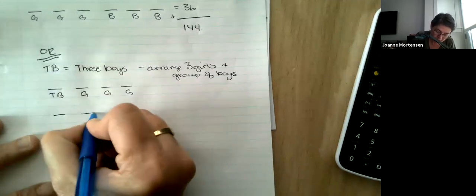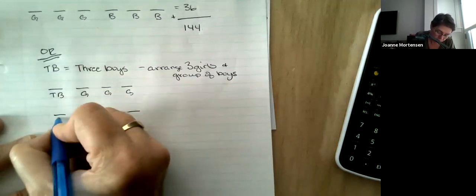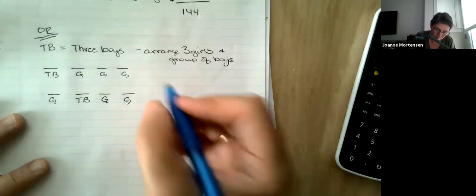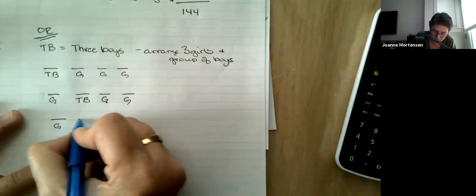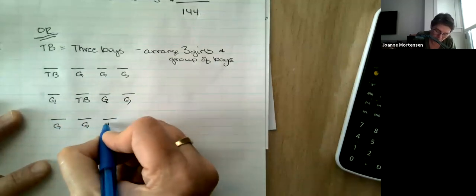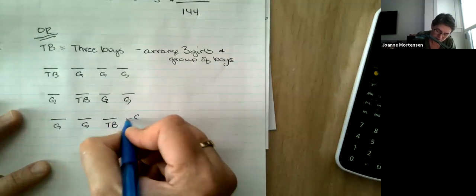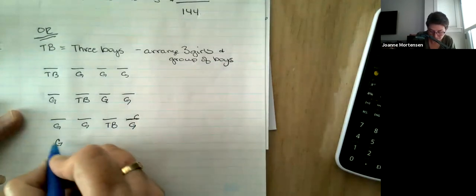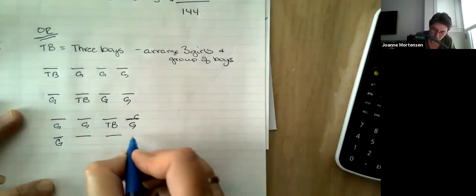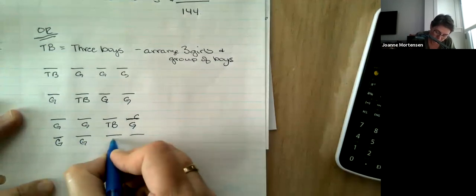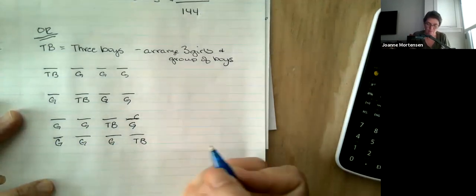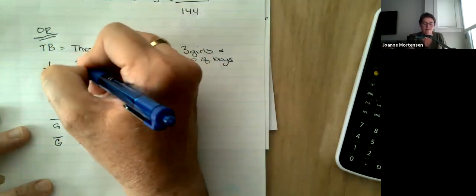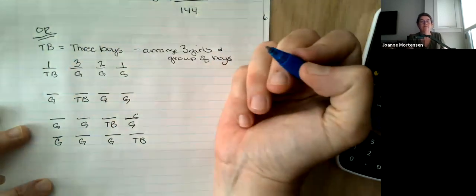And then go girl, 3 boys, girl, girl, girl, girl, 3 boys. Oopsies. Girl, girl. Oops, lost my line. Girl, girl. Here it goes. So there's only one group of boys, and then there's 3, 1.